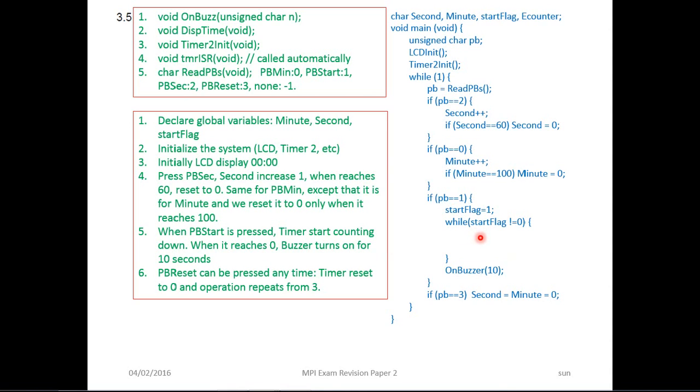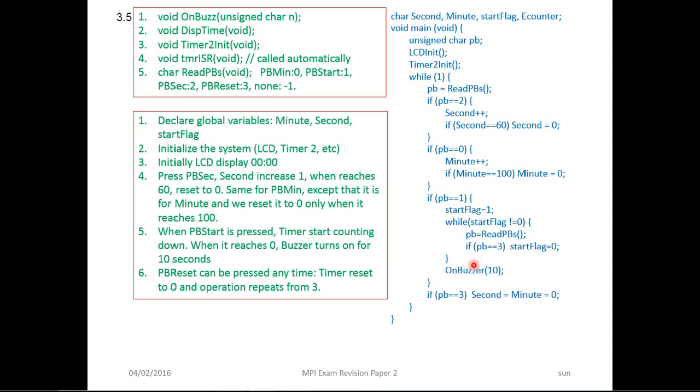So we call readPBs for this purpose. If the return value is 3, it indicates that the reset button is pressed. We clear start flag so that it will exit the while loop.